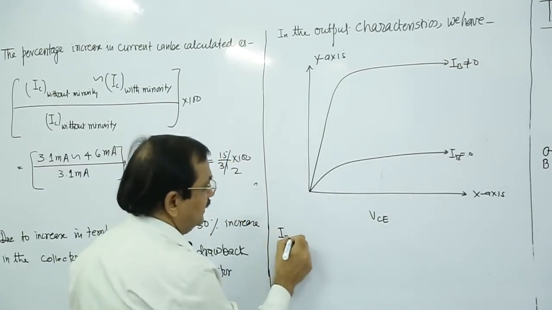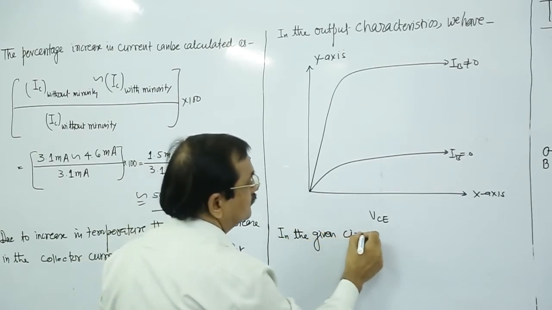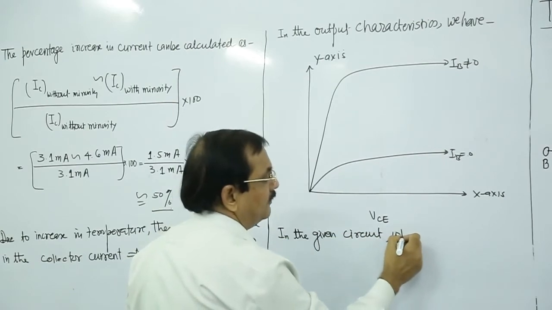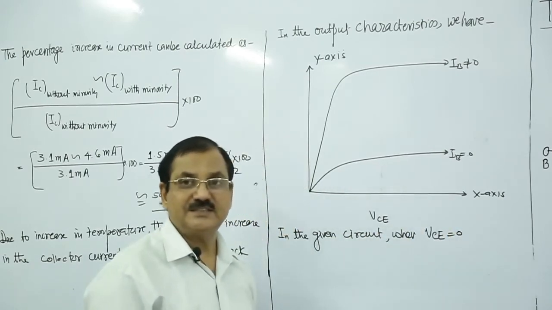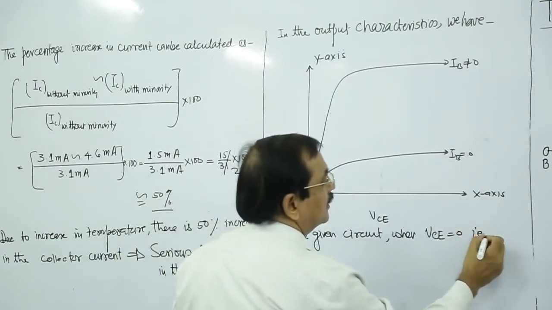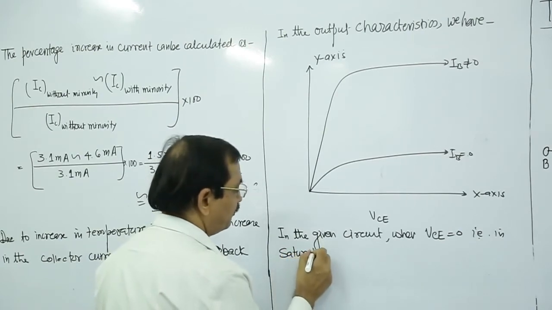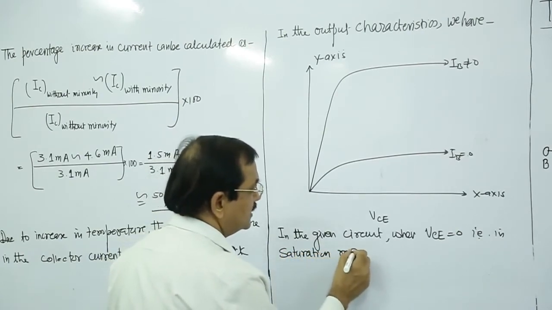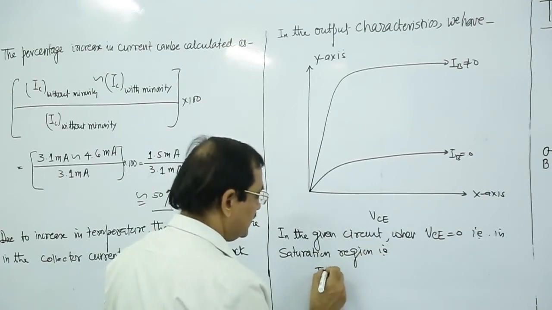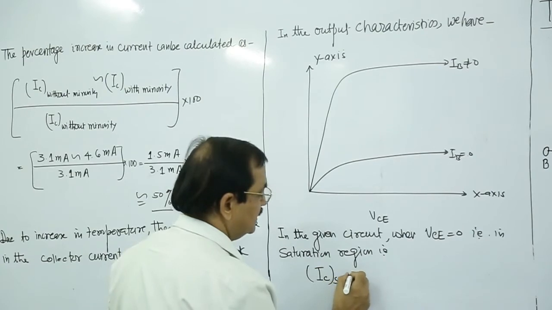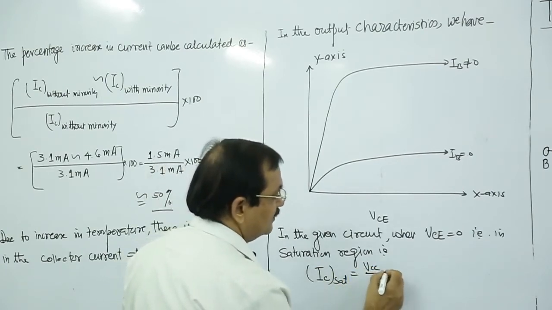In the given circuit, when VCE is equal to 0, that is in saturation, in the saturation region, IC sat is equal to VCC upon RC.